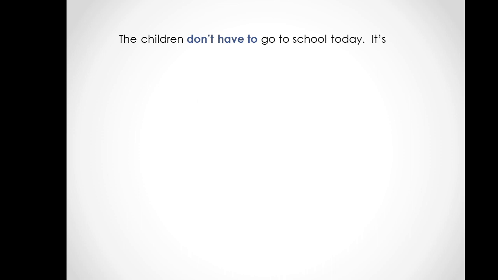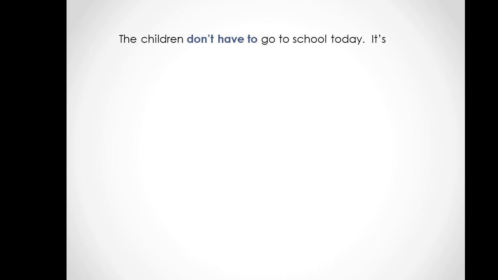She has to pay some money for the doctor. Look at those sentences. The children don't have to go to school today, because it is Sunday and the school is off.